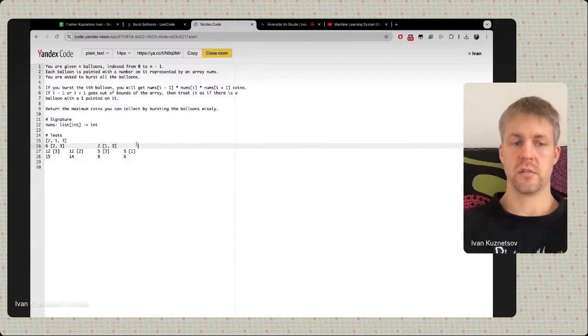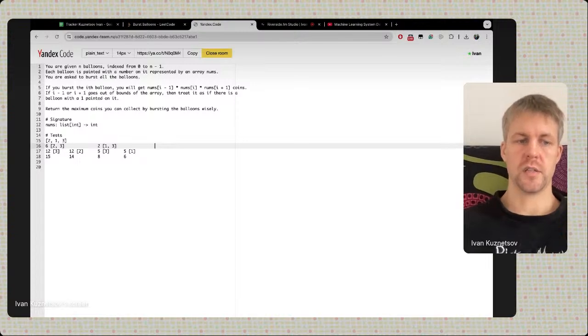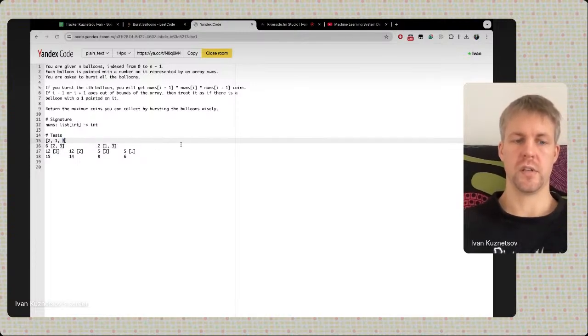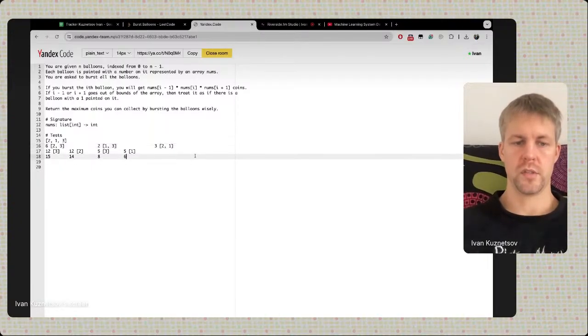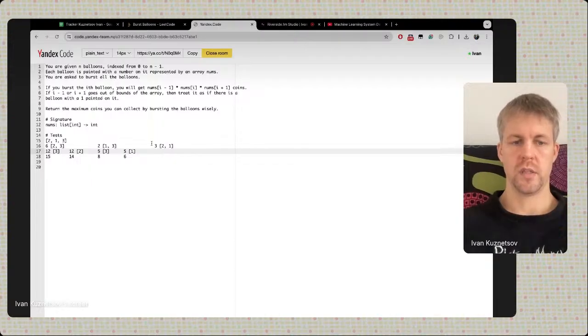I think I start to get a sense of it, but let's first figure out what happens if there is 3 here, if we start by bursting 3. So if we start by bursting 3, it will be 3 times 1 times 1, so it will be 3. And we will be left with 2 and 1. And then we can burst either of those. So let's see, we burst 2. Then it will be 3 plus 2, 5, and only 1 is left.